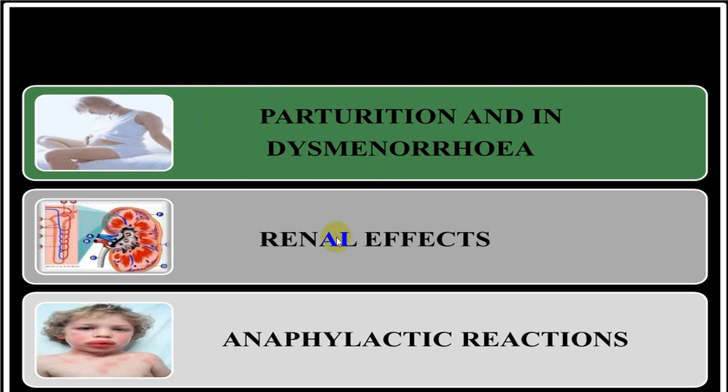It is partly nephrotoxic, so do keep it in mind. Unusual doses for a longer period can give rise to kidney damage. Particularly aspirin can give rise to anaphylactic reaction. So whenever you use aspirin, be aware of anaphylactic reaction.